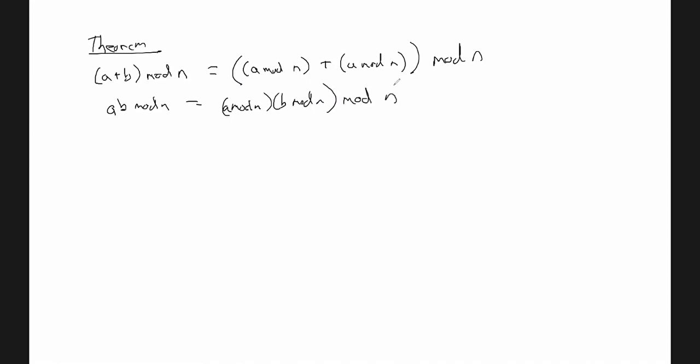Okay. So it gives you a way, if you're trying to find out the remainder of something large, you can break it down. So for example, if I wanted to do 100 mod 3, I could break this down maybe into 50 plus 75.